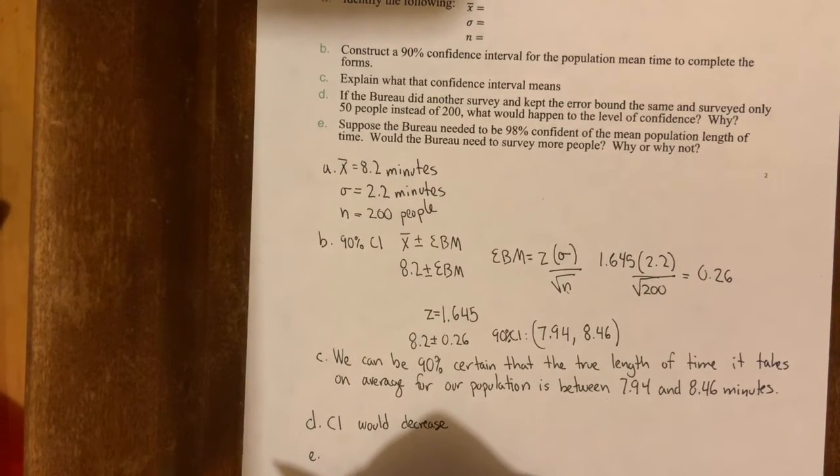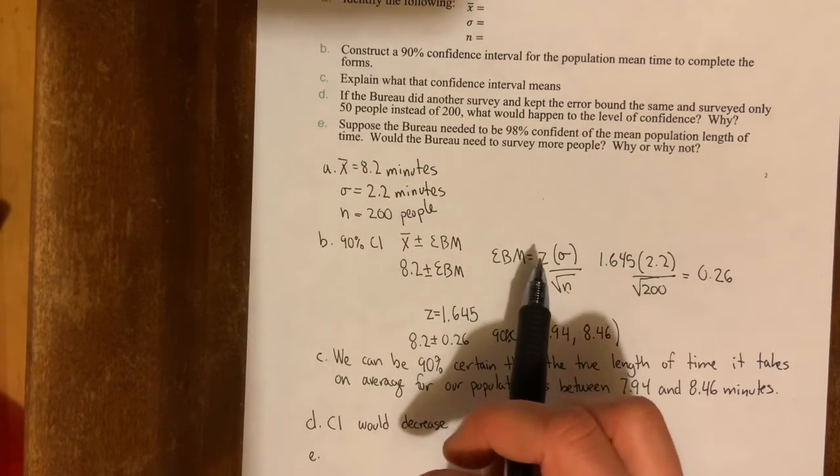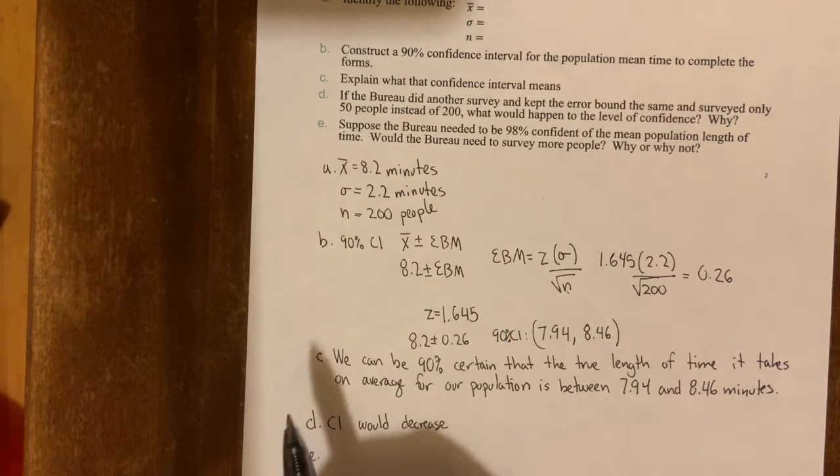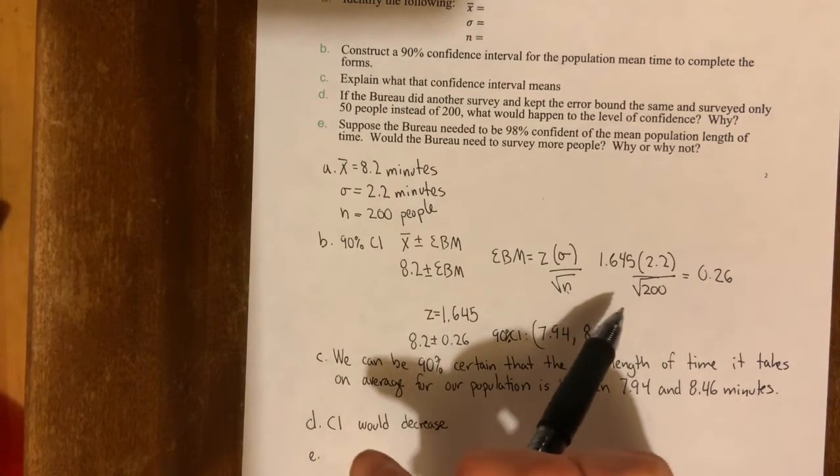Finally, suppose the Bureau needed to be 98% confident. So now we're increasing the confidence level of the mean population length of time. Would the Bureau need to survey more people? Why or why not? This is just the opposite of that previous problem. So now if we're increasing this confidence level, we must need to also survey more people.